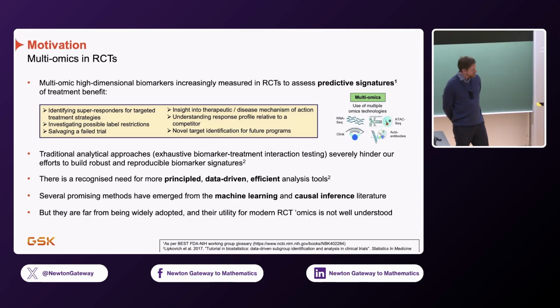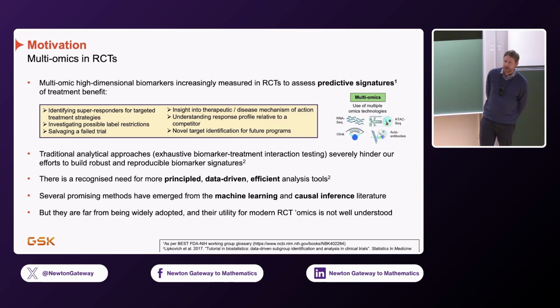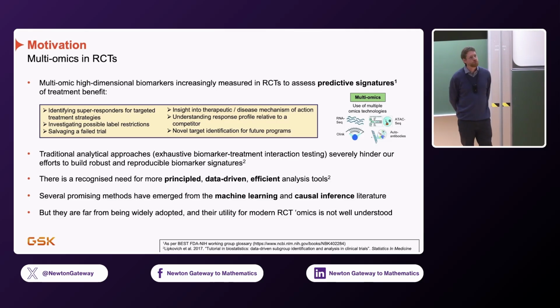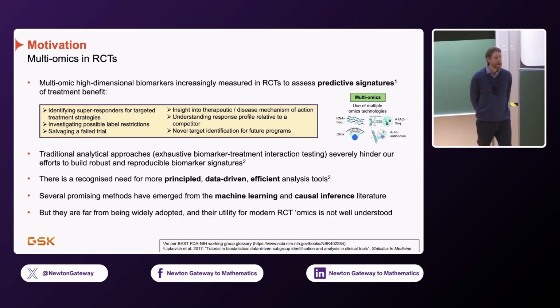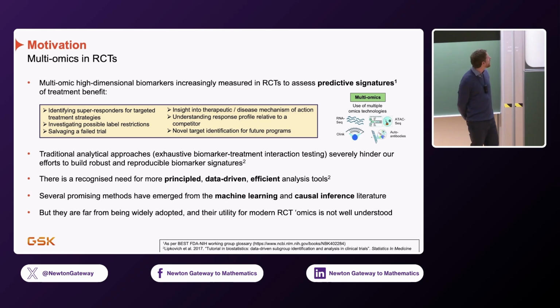The good news is, over the last 5-10 years or so, quite a lot of new methods have appeared from the intersection of statistical causal inference and machine learning, which aim to repurpose some of the high-dimensional ML techniques to this task of predicting treatment effect.